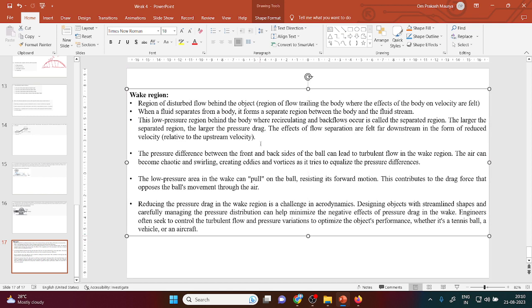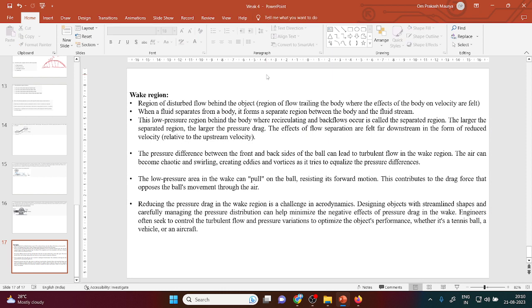What is the wake region? You know the concept of wake; that is why I have put it here. If water is flowing in that direction and touches a cylinder, then behind the cylinder a low velocity zone is created. This is known as the wake zone.